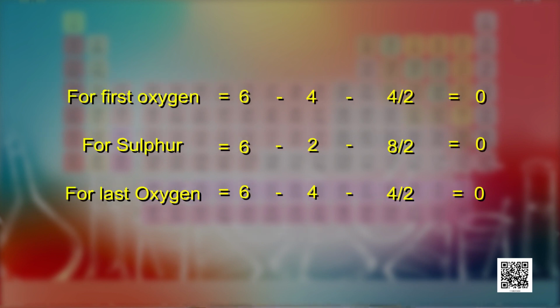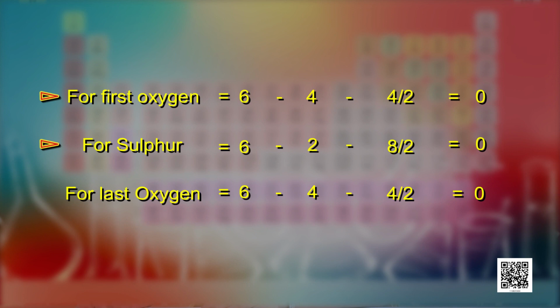Now, let us consider the other structure. Now, look here, oxygen has 6 valence electrons, 4 non-bonding valence electrons, 4 bonding electrons. So, the total is 0. So, it is 0 charge on oxygen. Next, we have sulfur. Sulfur has 6 valence electrons, non-bonding electrons are 2, and bonding electrons 8.